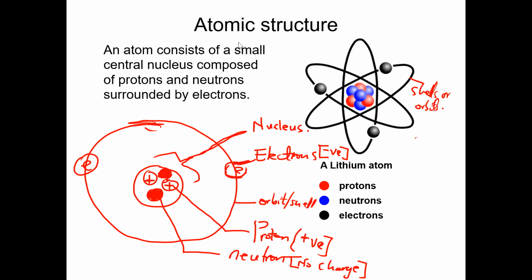How do we tell that the electrons are found on the shells? And how do we tell that the protons are positively charged and the electrons negatively charged? Is someone having an idea from chemistry? Someone can share with us what you learned in chemistry.